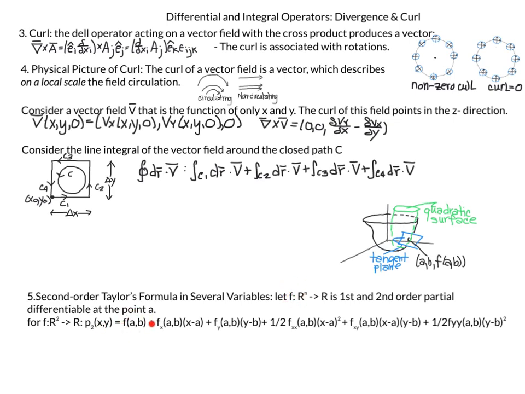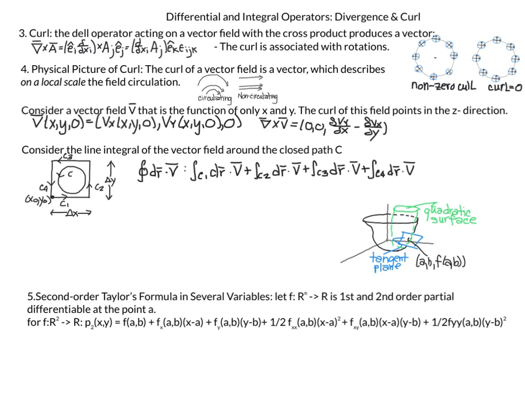And that's going to be the function at the point (a, b) that you're trying to approximate, plus the partial derivative with respect to x at (a, b) times x minus a, plus the partial derivative of f with respect to y at (a, b) times y minus b, the y coordinate. Here this was x minus the x coordinate.